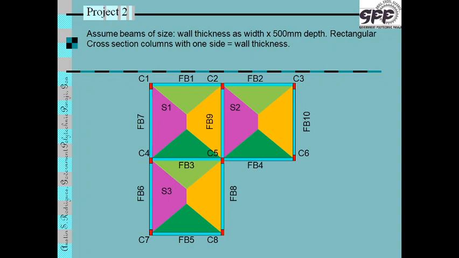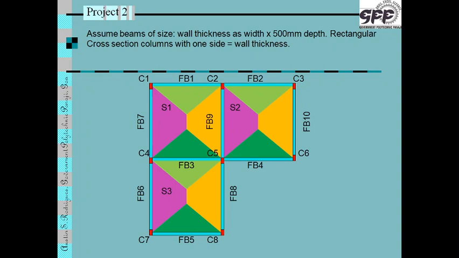Like the way we have done the calculations before, over here also the calculations could be done. Only note one thing, when we are looking at the beam FB3, we find that the loads from 2 slabs as 2 triangles go on the beam FB3, but the self weight is only once its own.